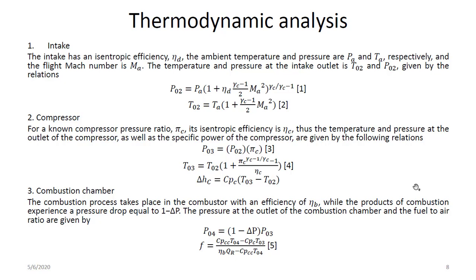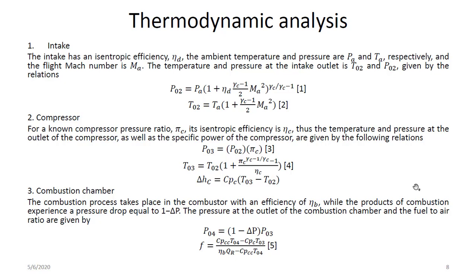And in the combustion chamber, you do the same analysis. If you assume there's a pressure drop, so the pressure at P4 will be equal to a percentage of the pressure at P3, and you get this formula.